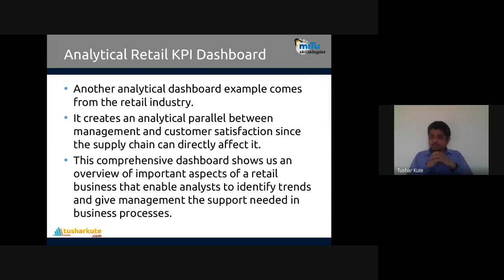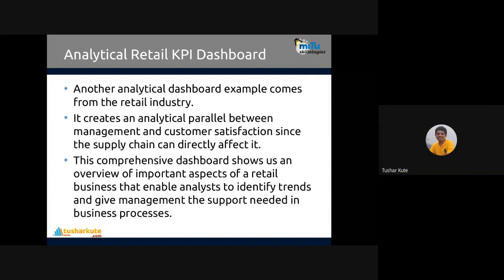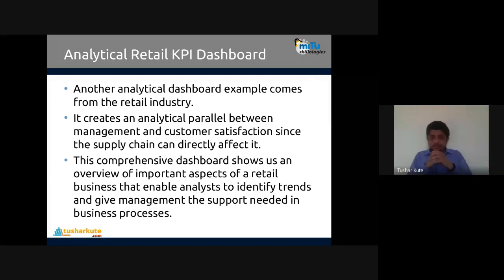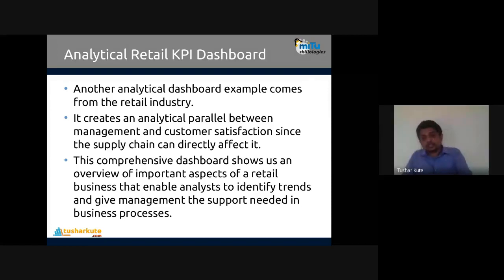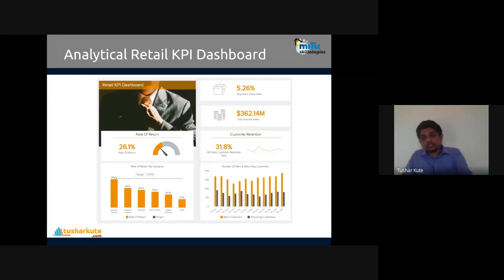This comprehensive dashboard shows us an overview of important aspects of the retail business, enabling analysts to identify trends and give management the support needed in the business processes, from a retail point of view. So all the key performance indicators are used in retail to analyze what exactly is happening in that system. Check this example here.